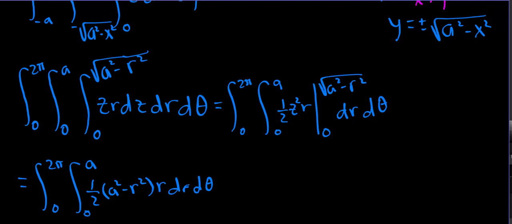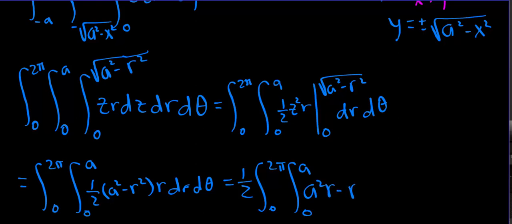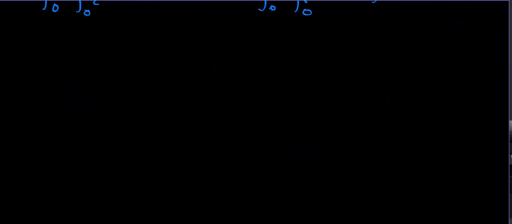Now we'll get ready to integrate with respect to r, but let me pull the 1/2 out front. We've got 0 to 2 pi, and then 0 to a. Now we've got a squared r minus r cubed, and we're going to integrate that with respect to r. Yeah, we're almost there.